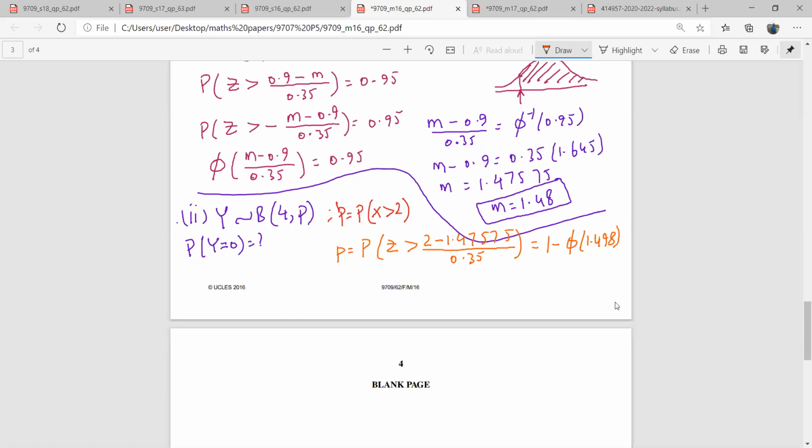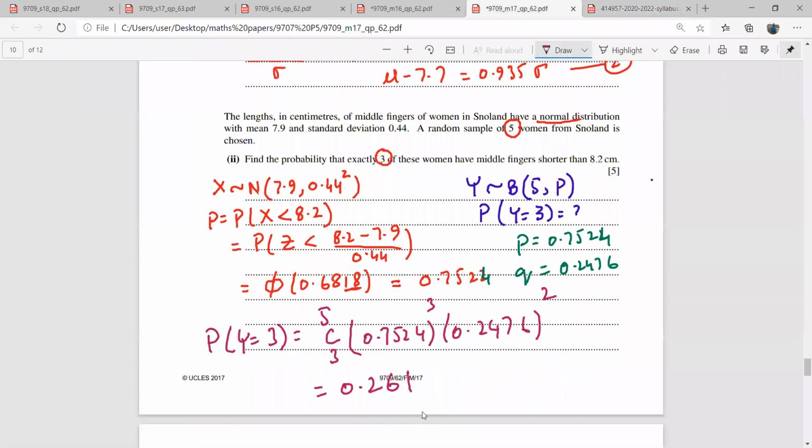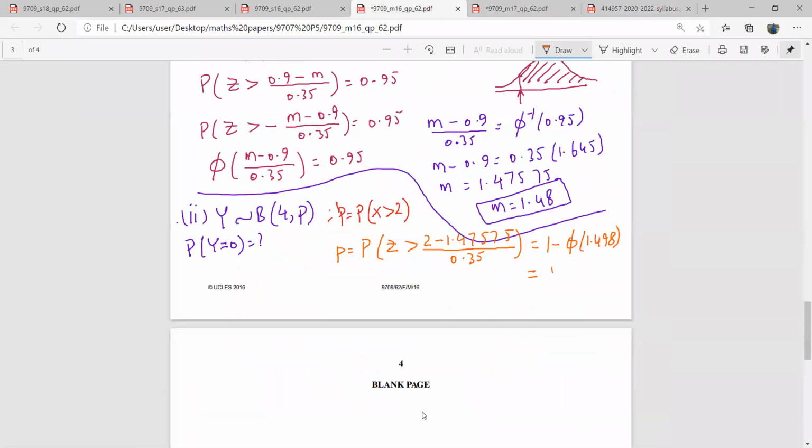Okay, so let's find it. 1.498: 1.49 is 9319, and then 8 is 11, so it is 0.9330, 0.9330. Okay.